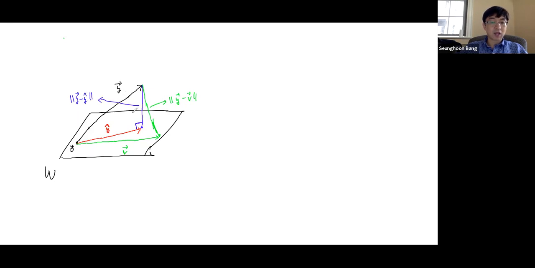What happens with this? You can connect one more thing, this gray one. Here, this is also a right angle. This length is the same as y hat minus v.